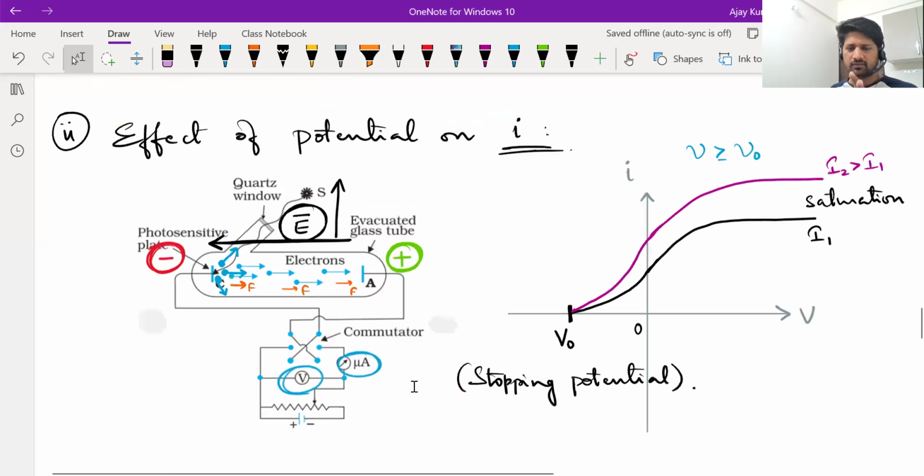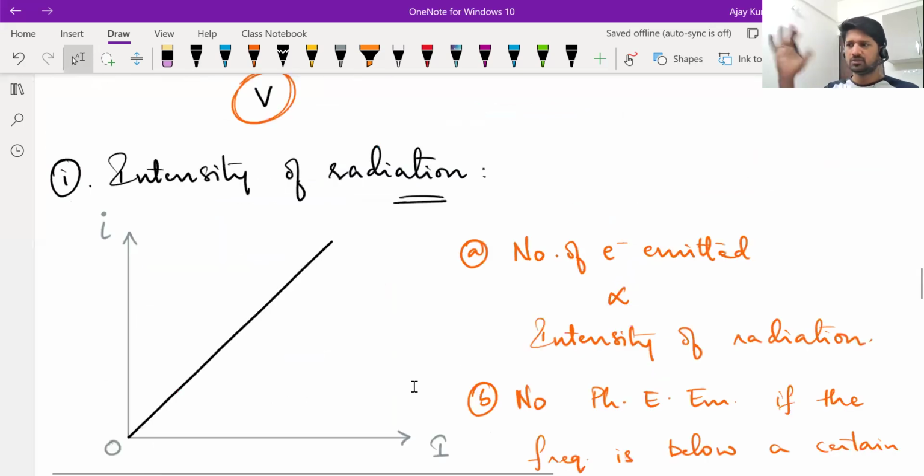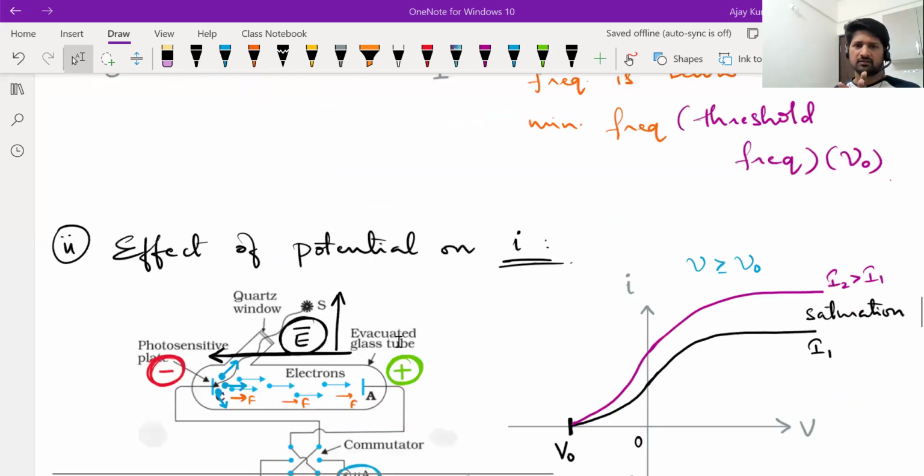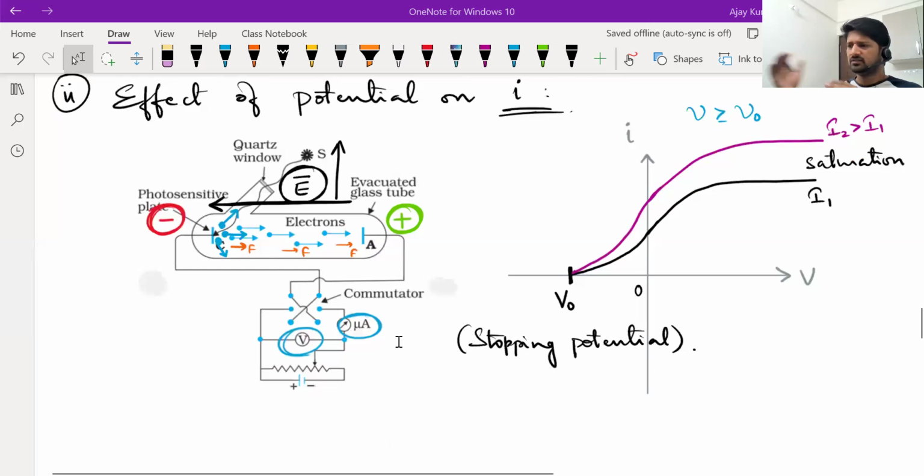First, in all cases, the frequency was kept more than the threshold frequency. The first observation is that when the intensity of radiation was varied, the current varied proportional to intensity, means more intensity led to more electrons being emitted. Next, effect of the collector potential.